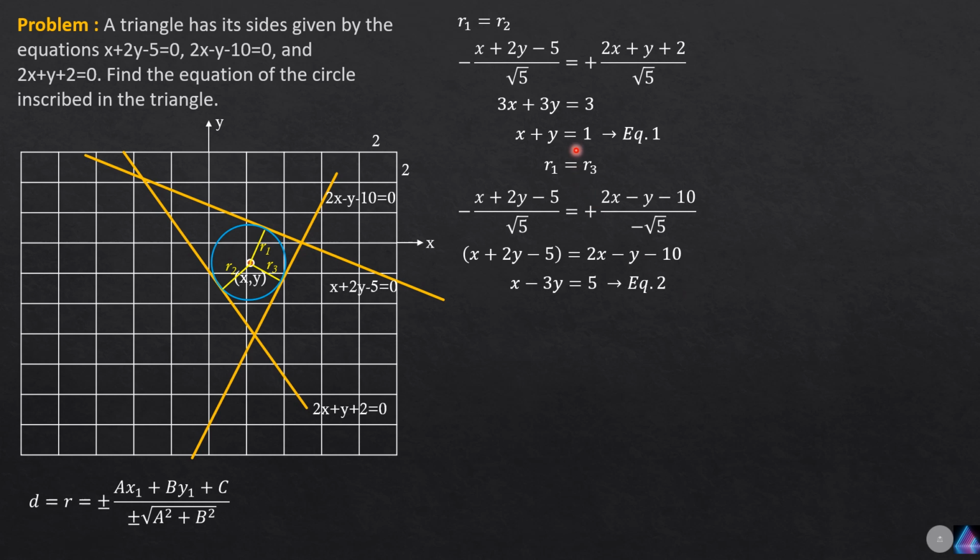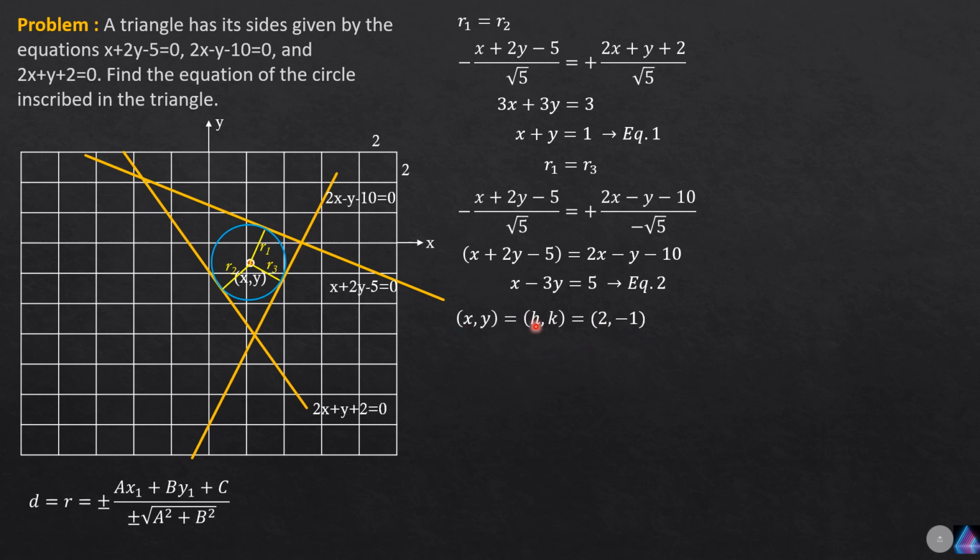Equation 2. Subtracting equation 2 from equation 1 to eliminate x, we have 4y equals negative 4, so y is negative 1.